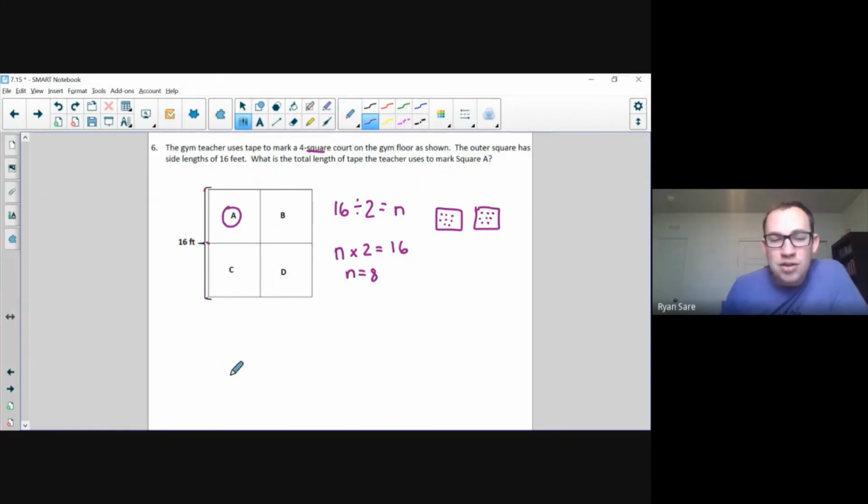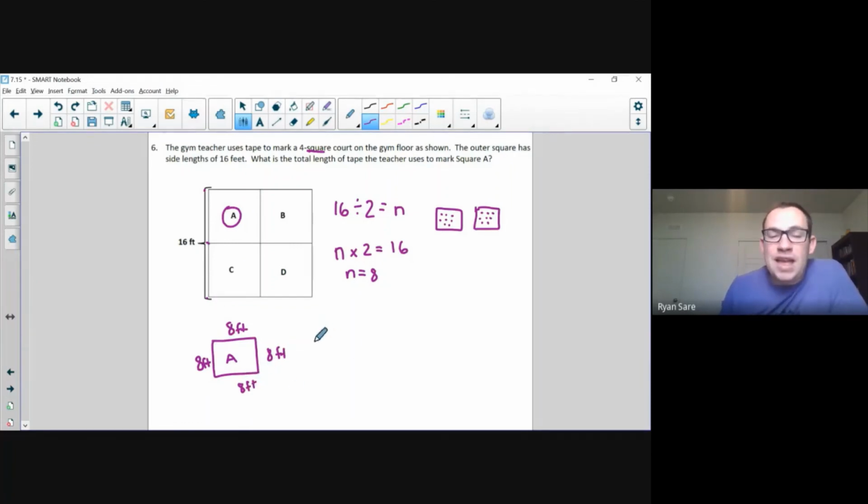So I'm going to take from this drawing, I'm going to pull out square A. And I know that the side length now is 8 feet. Since it's a square, this is 8 feet, this is 8 feet, this is 8 feet.